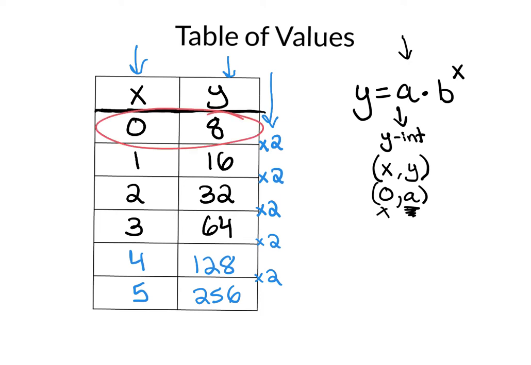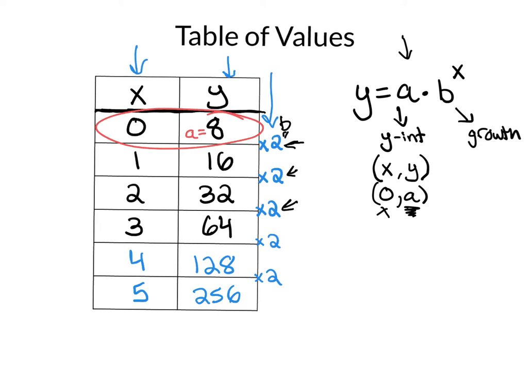Because x is 0, that means a is 8. And then the b, remember, that's the growth rate. How are things growing? Times 2, times 2, times 2. So that means that b is 2.